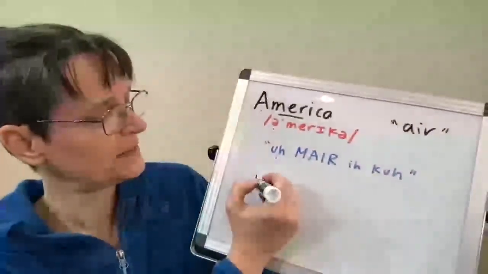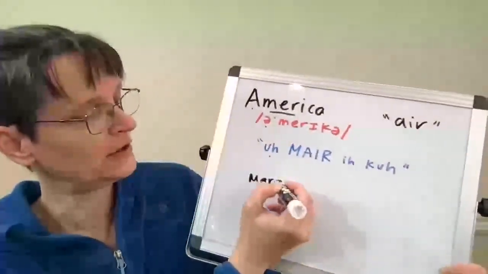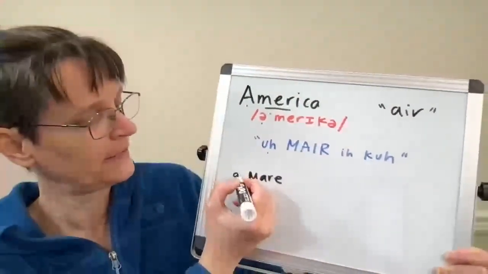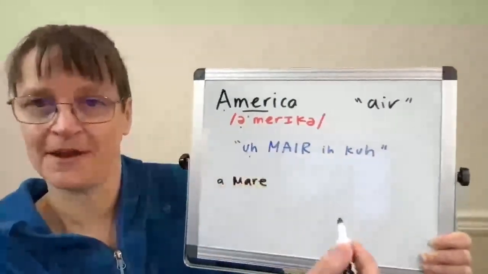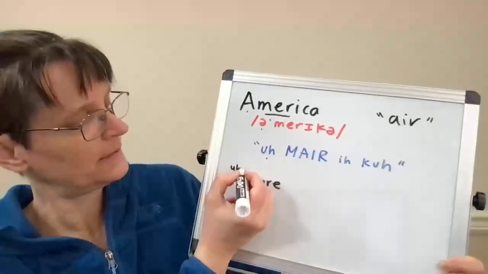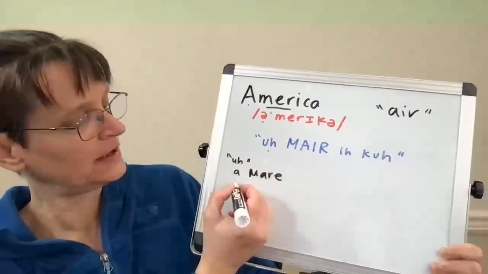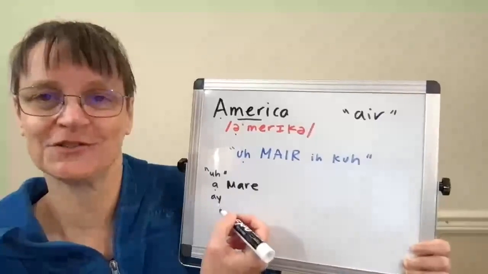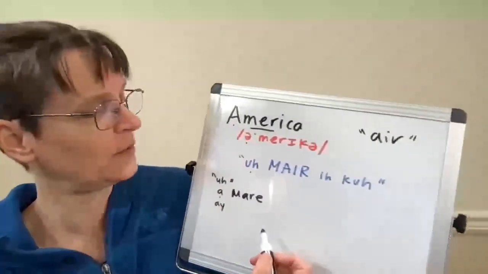It's as though there were a word called mare, like a female horse. So you would say mare, a mare, like a mare over there, America. So the word a also sounds like schwa. Sometimes people will say that as "ay." More typically, though, native speakers use the schwa for that word.